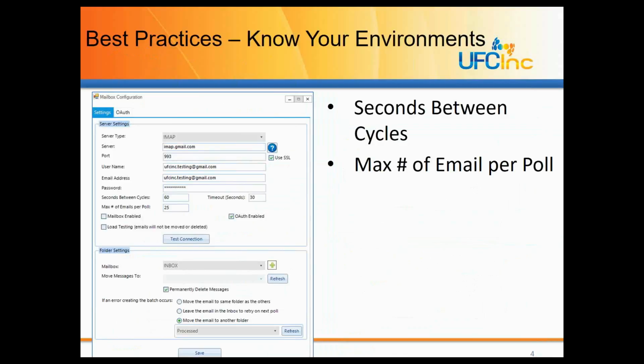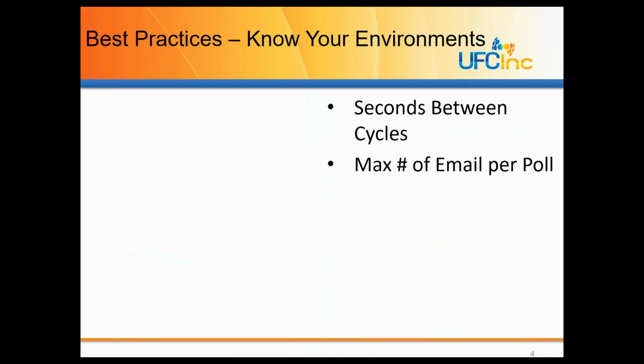So if you're using 1 email per batch, let's just maybe keep that at the new default of 5, or if you are using 25 today, consider moving that down. So those are some of the email polling features that we wanted you to be aware of that could provide some performance problems or resolutions for you. So definitely check your seconds between cycles and your max emails per poll.